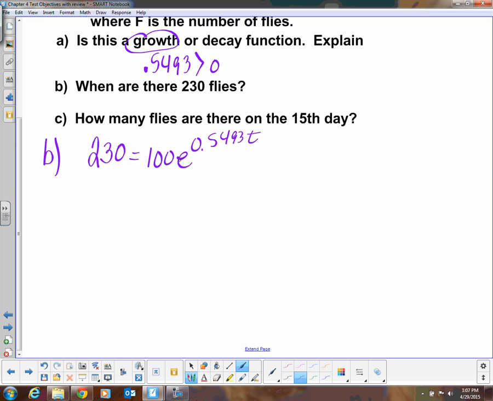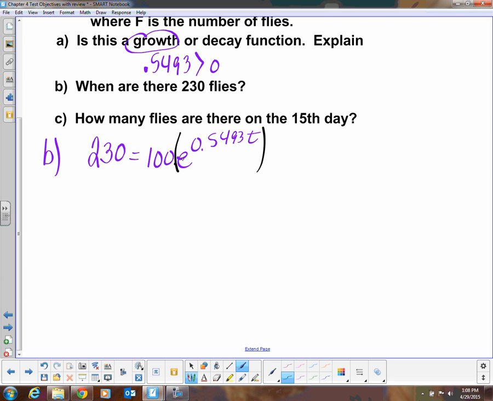We have to get e by itself, so what do you do? Whenever you have t as an exponent, the exponential part must be isolated. You cannot log both sides as long as the 100 is there.